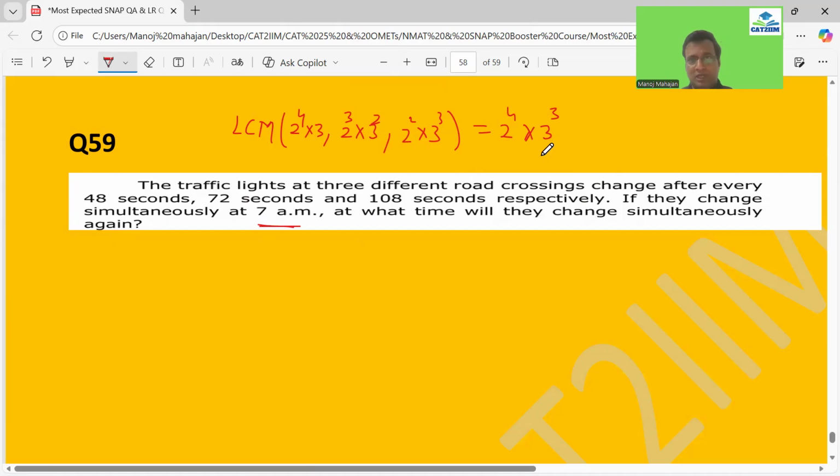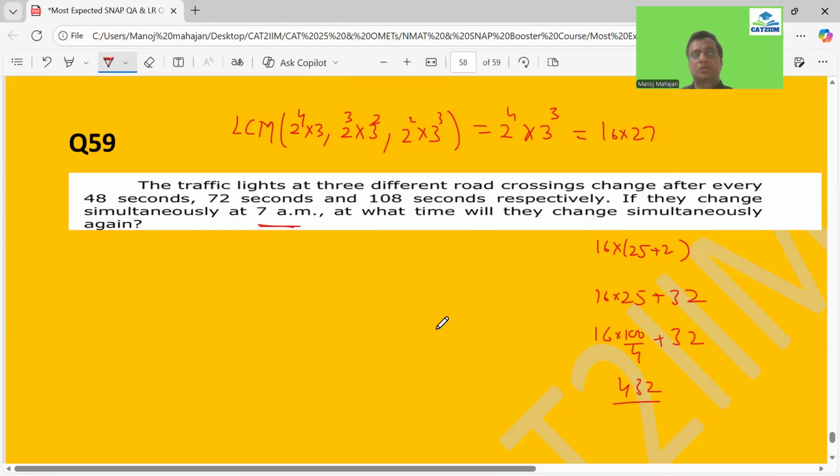So let's look at the calculation out here. So this is 16 into 27, right? Can I do 16 into 25 plus 2? So this would be 16 into 25 plus 32, right? This would be 100 by 4.